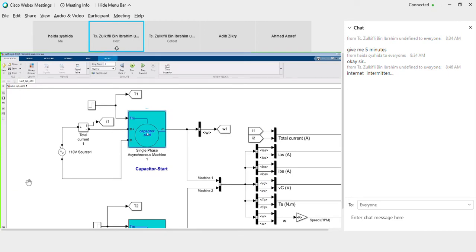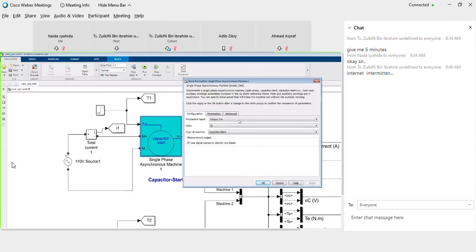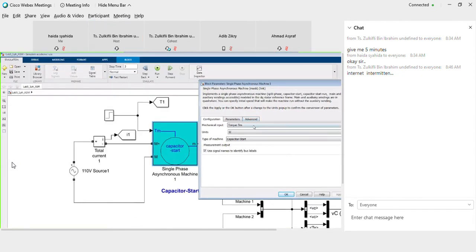You double click here. You can use the capacitor for 4 types of this machine. As I explained in the figures earlier, you have 4 different configurations. So these are the 4 different configurations of the single phase machine.